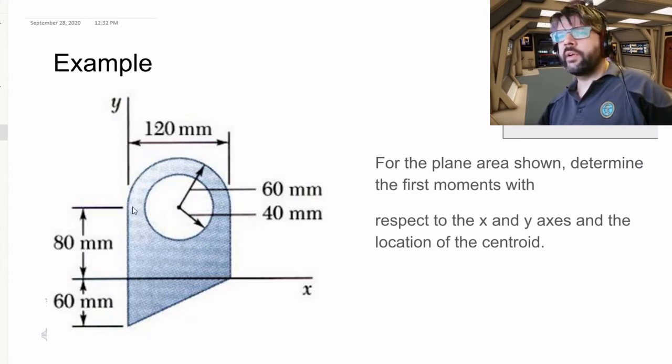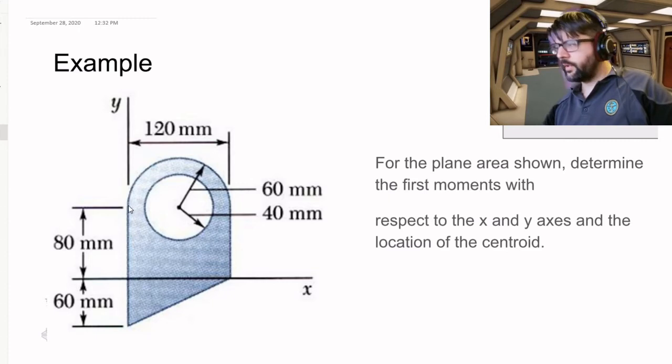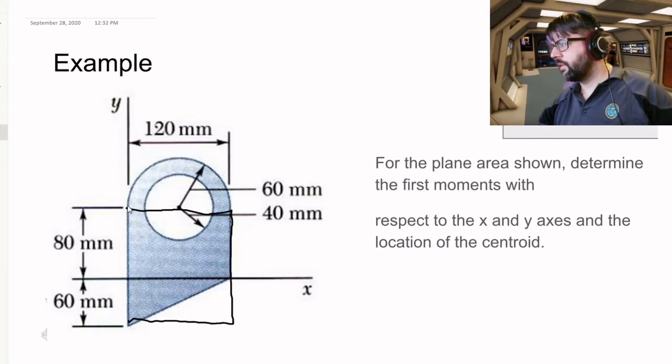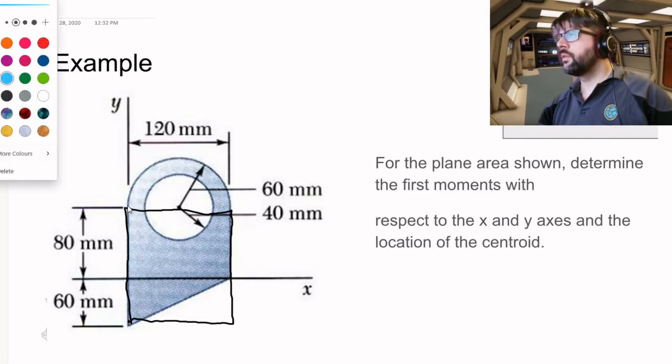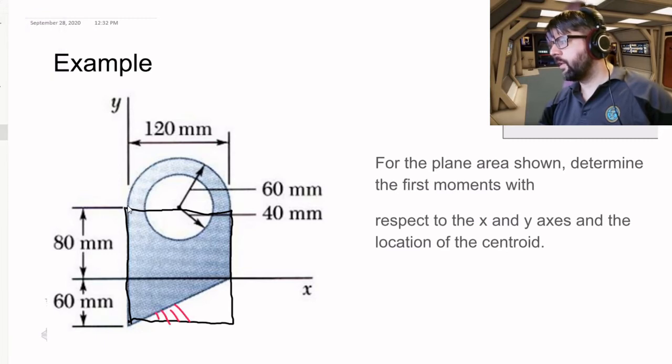centroid. So essentially, what I think we should do is take a rectangle like this. That's going to be our base shape, and we're going to subtract from it. I'm going to use fuchsia here to show the areas I'm subtracting. I'm going to subtract from it this triangle here.